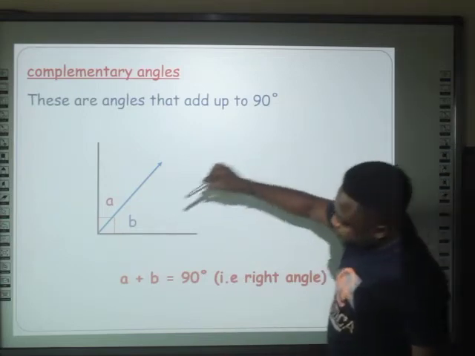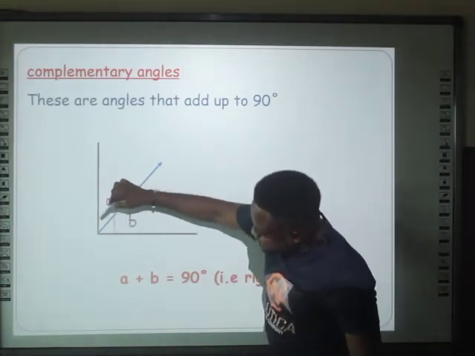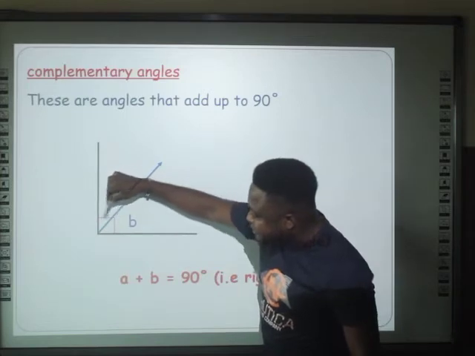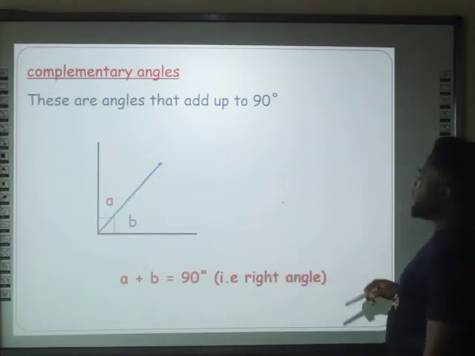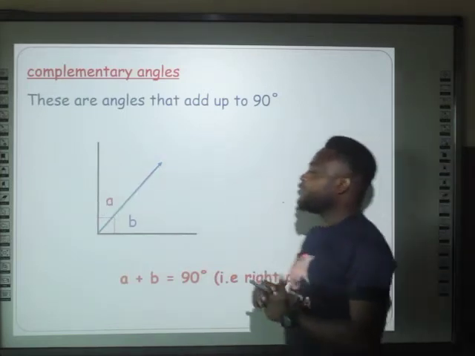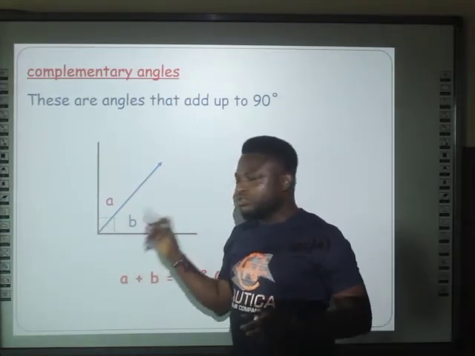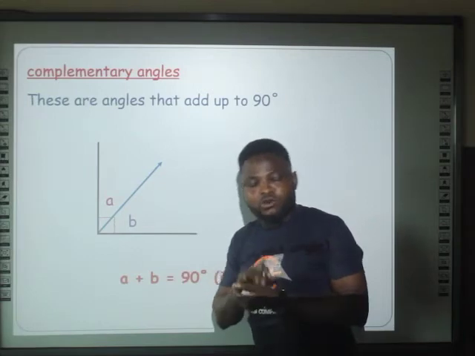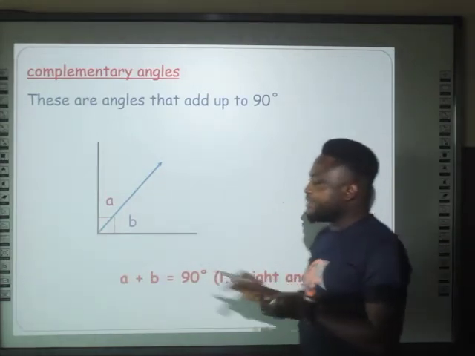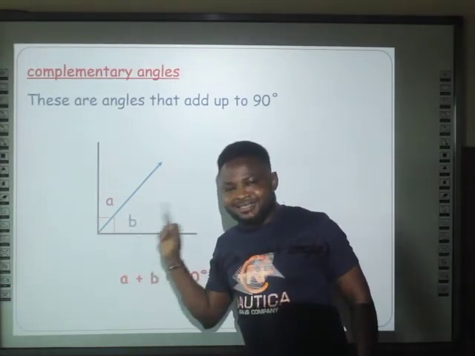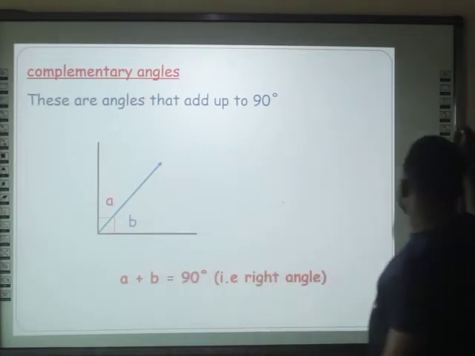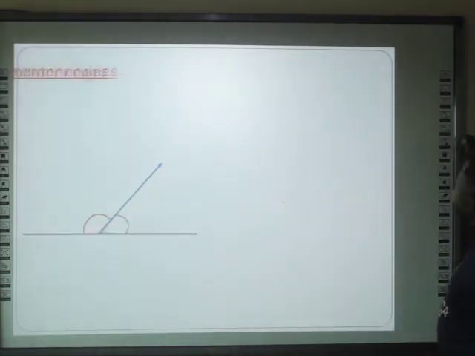Because at times in questions or problems, you only put the diagram there, and the examiner is ready to know that that angle is 90 degrees. So now let's move to the next slide.